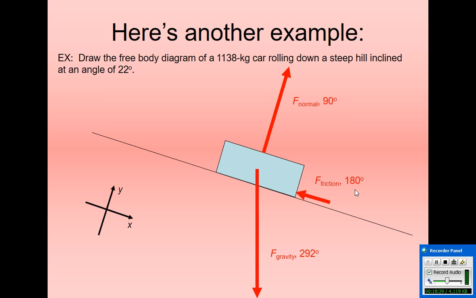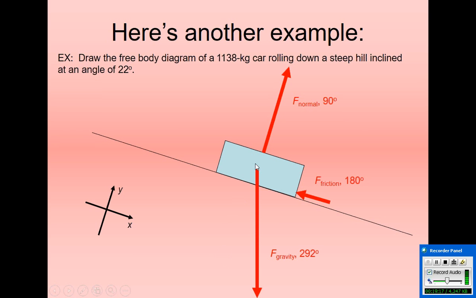And then we have gravity. And this is the annoying one right here. The gravitational force is not parallel to either axis. And yet, I've written an angle for it, 292 degrees. What I can geometrically show is that for this line acting straight down, acting on an object on this 22-degree ramp, consider the direction of the negative y-axis.